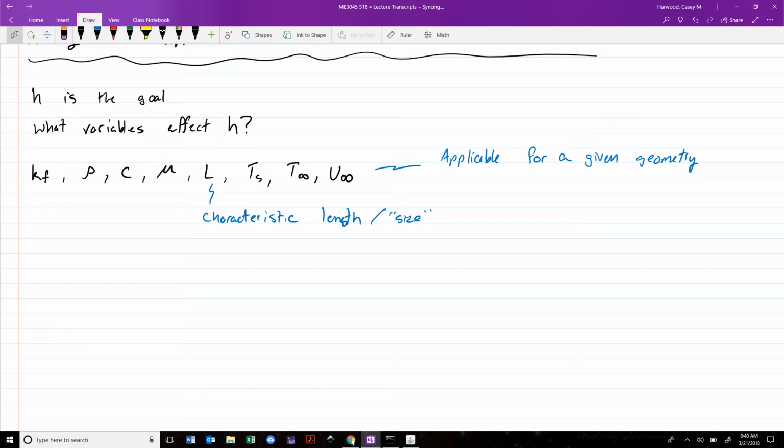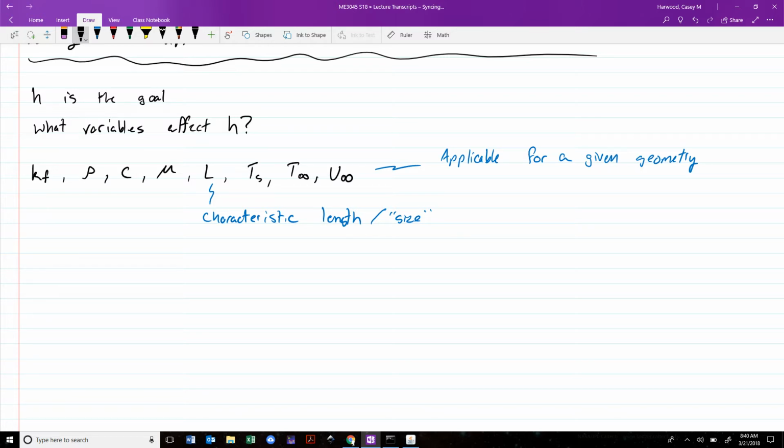So this and the example that we finished last time should demonstrate that there are a lot of independent variables that can affect the final answer for H.